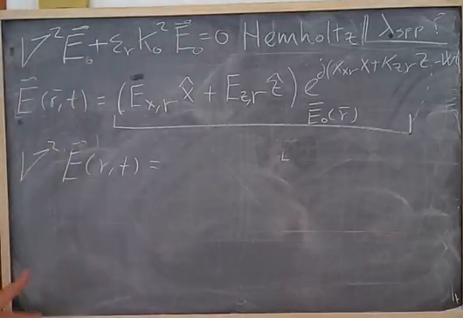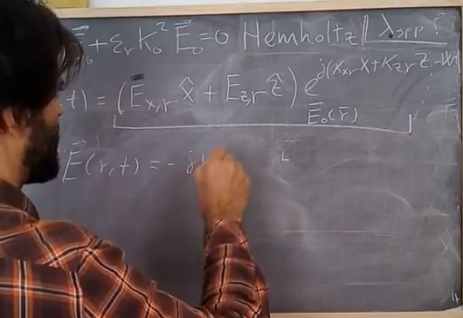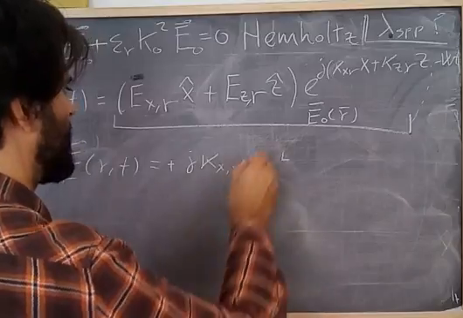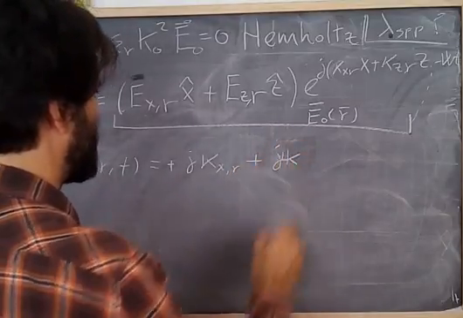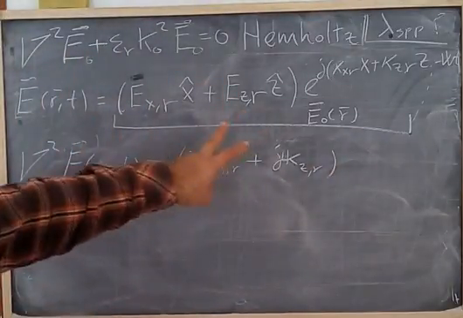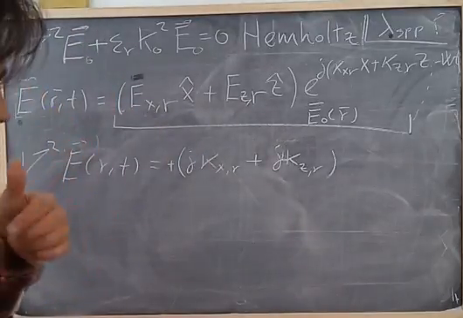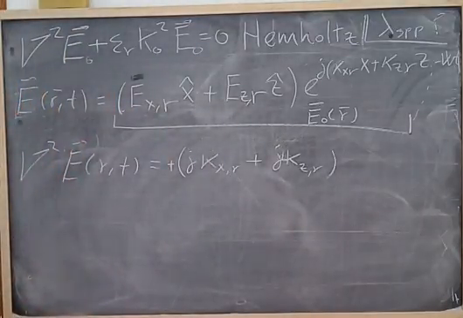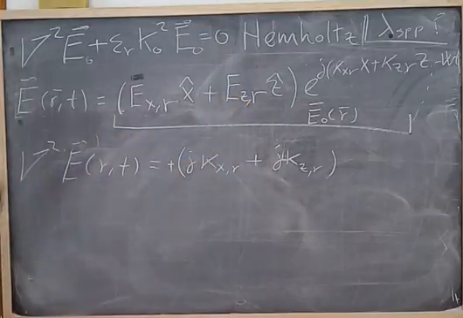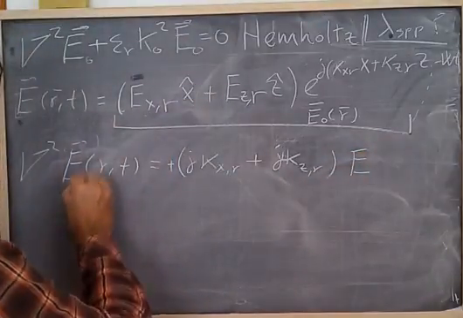It's equal, the first derivative is minus j kxr plus j kzr, because I make the first derivative, multiply everything, and the second derivative is about the other variable, in this case z, and multiply by the vector E0.